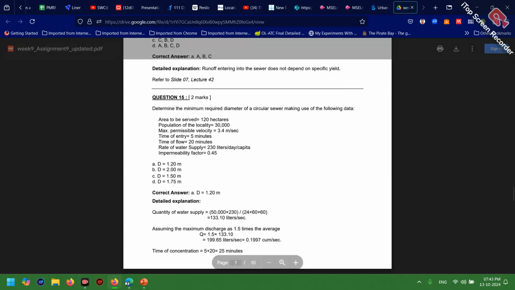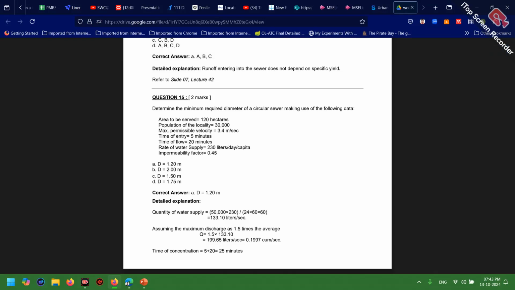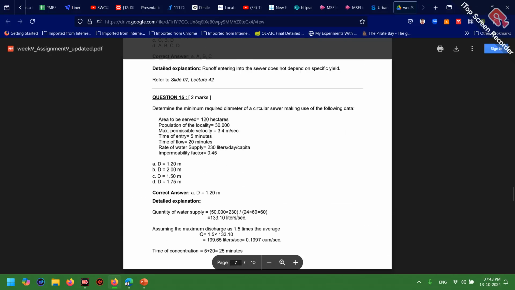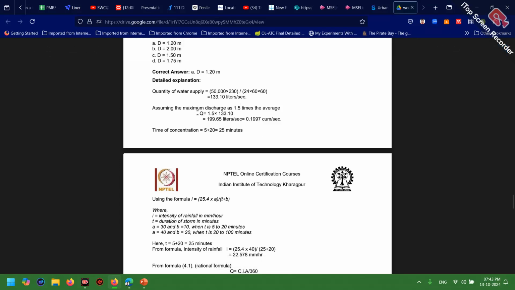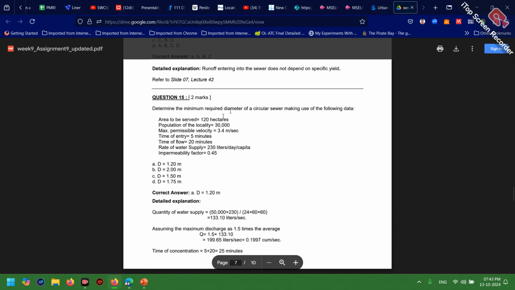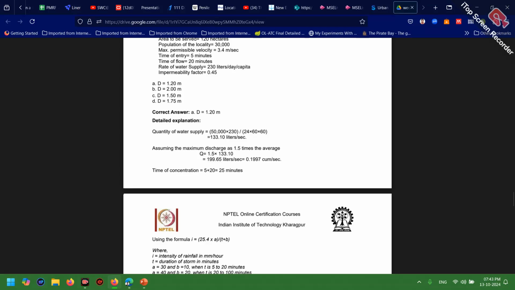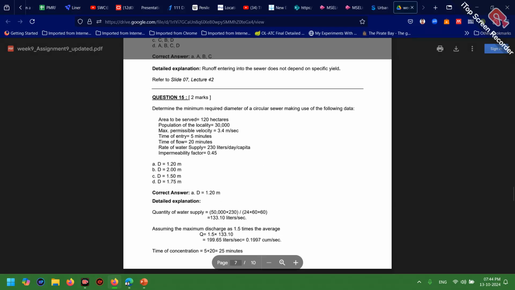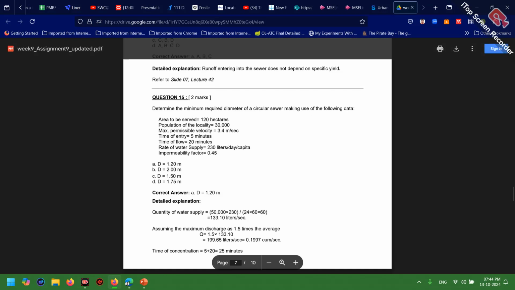Yes, in question number 15, the population of the locality is given as 30,000 in the question. Now let's check the solution. 230, that is the liters per day per capita, is being multiplied by 50,000. So yes, it is not correct.